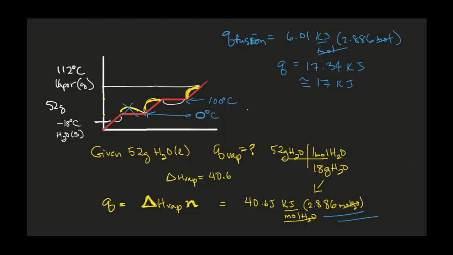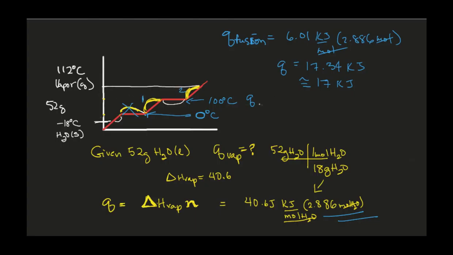I have no idea. Zero degrees Celsius. Yes. I thought that was the freezing point. Well, if we're going from liquid to solid, it's called freezing. But when we're going from solid to liquid, it's the melting point, or the process is referred to as fusion. Okay?